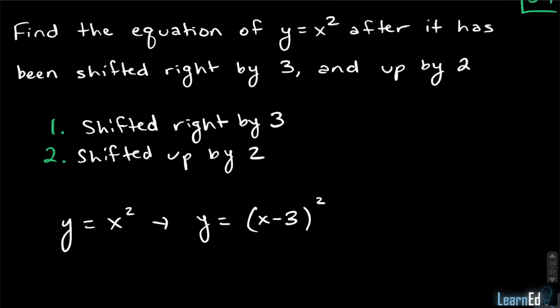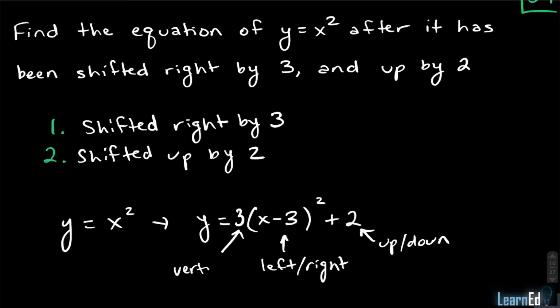The same does not follow for shifting up and down. So here it actually would be plus 2, and that would be on the outside. Inside the parentheses, you get a left-right shift, and outside, you get that up-down shift. If there was something being multiplied here, like a 3, that is a vertical stretch.